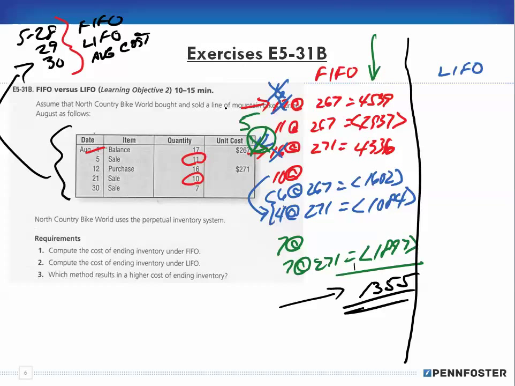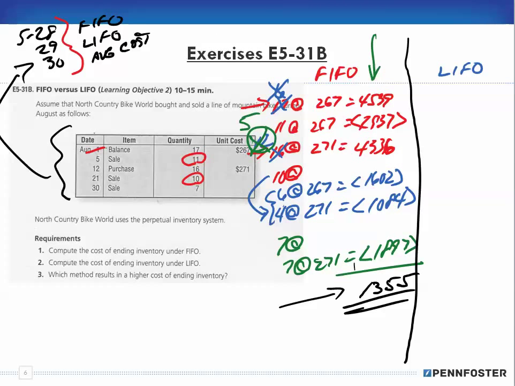But since I don't need to worry about recording sales or journal entries based upon this, I don't need to create this great big table. If that's easier for you to understand, then fine, go ahead and do that. But if I understand the concept of what's on that table, then I don't have to recreate the entire table. I can just work through the numbers here, knowing where I'm coming and going with different things.